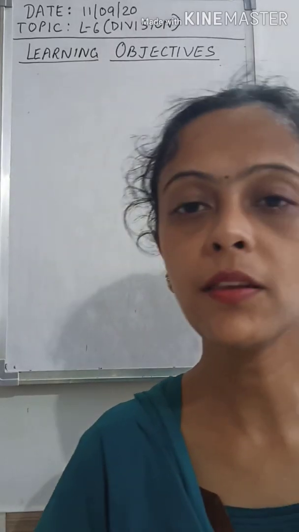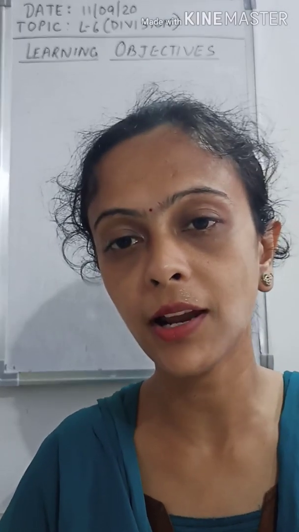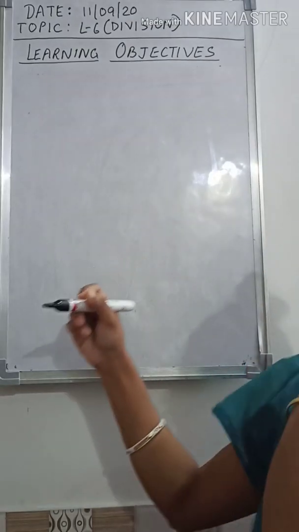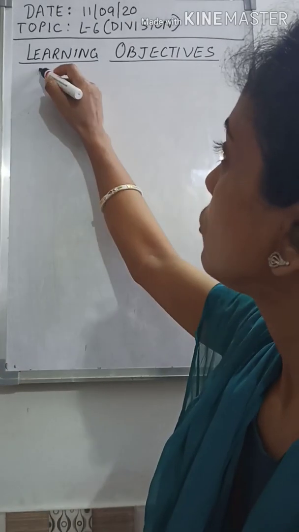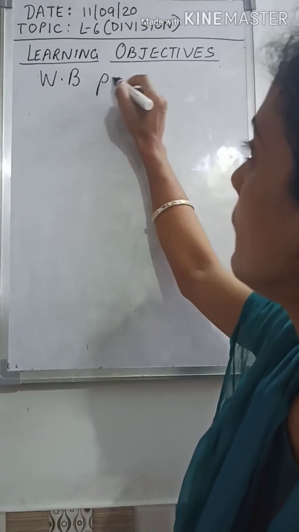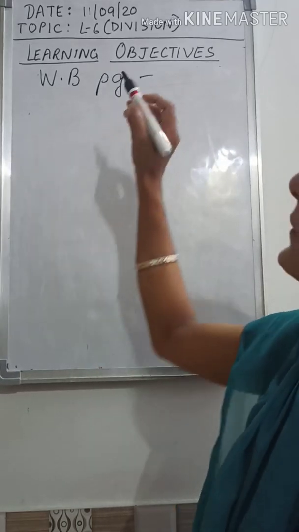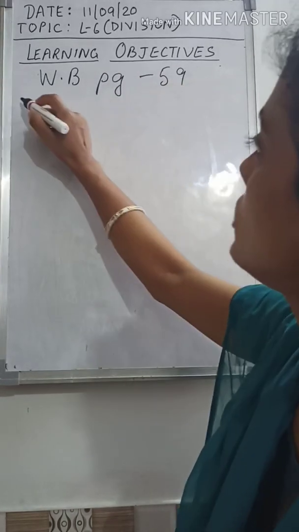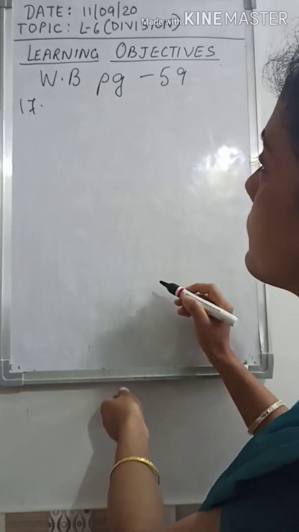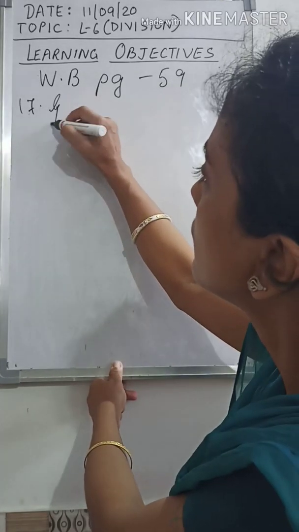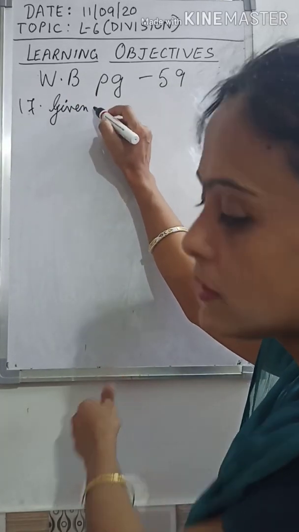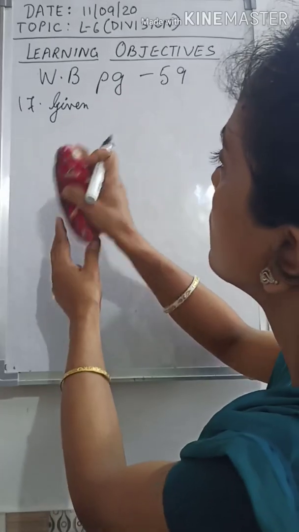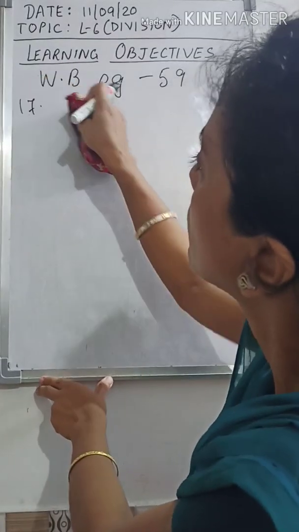Since this is a word problem, we also have to write the statements. So let us write the statements. You have to take your workbook, page number 59, question number 17. So what is given to us?